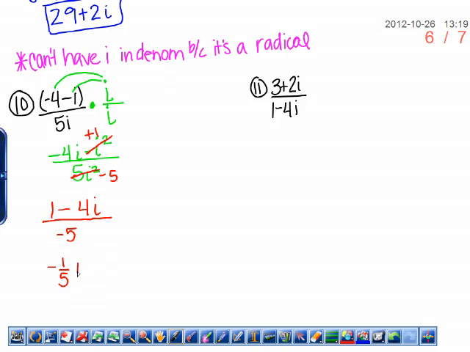So that becomes plus 4/5 I. So now this is in the form A, my real value, plus B, my imaginary value, I. That's your final answer, because I is more simplified than the square root of negative 1. Leaving something as a square root of a negative is not fully simplified.